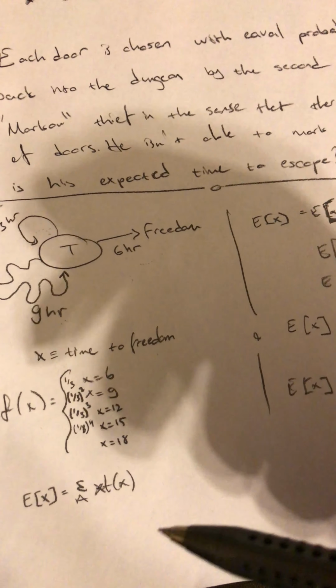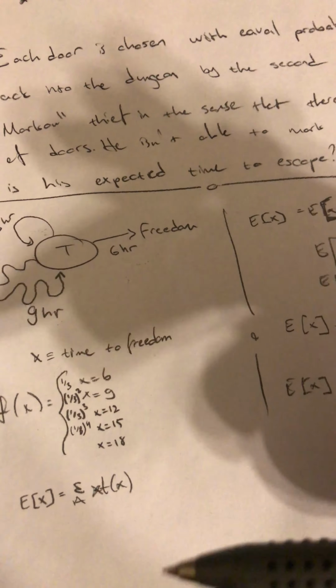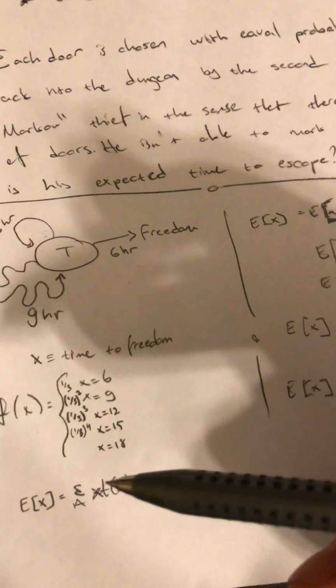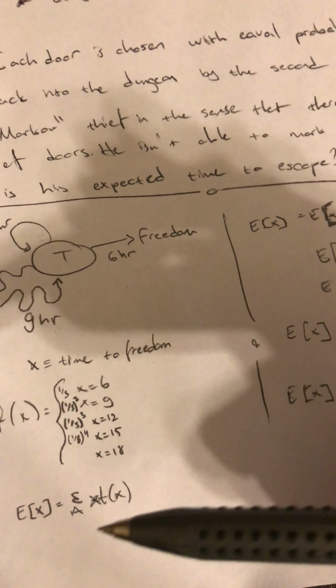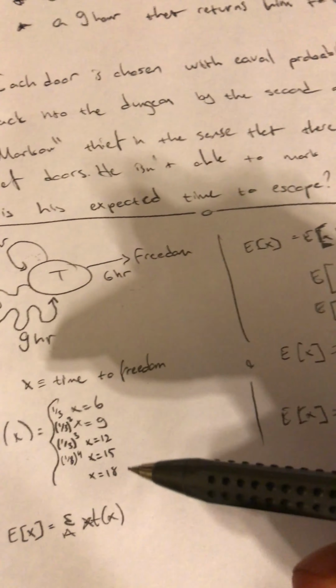So you have to add in 1/3 squared, and so it goes with x equals 18, etc.